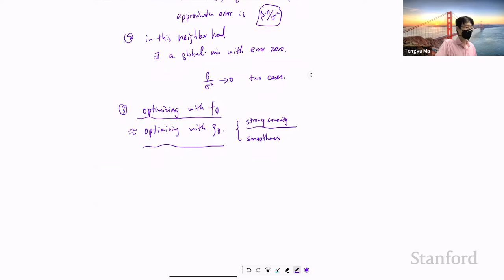But suppose at some point we want to prove this number 3 but haven't succeeded, you probably would question yourself, why do I care about such an answer? Even if I prove this answer, why is it interesting? And the answer is, yes, it's not that interesting, because if you prove that optimizing over a neural network is the same as optimizing some linear model, like a kernel method, then why not just use a kernel method?